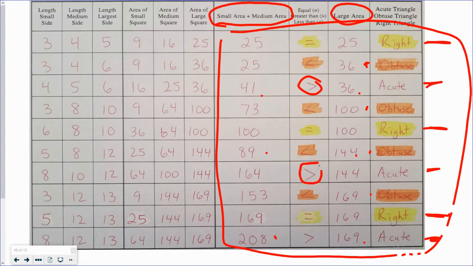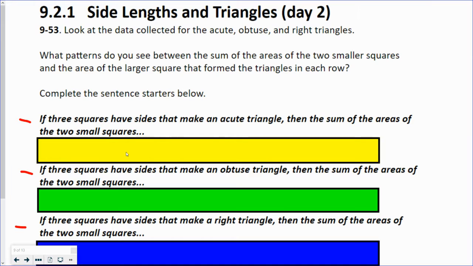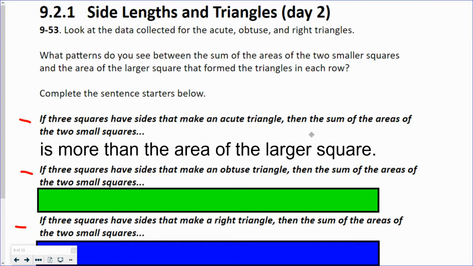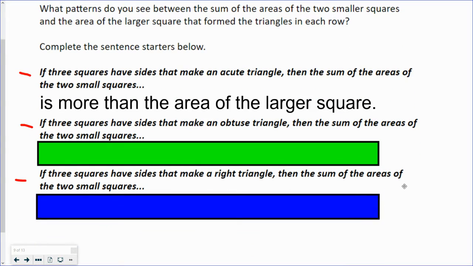The sum of the areas of the two smaller sides is greater than the area of the square of the larger side. That is what we're going to write down. Ready? The sum of the areas of the two smaller squares is more than the area of the larger square.